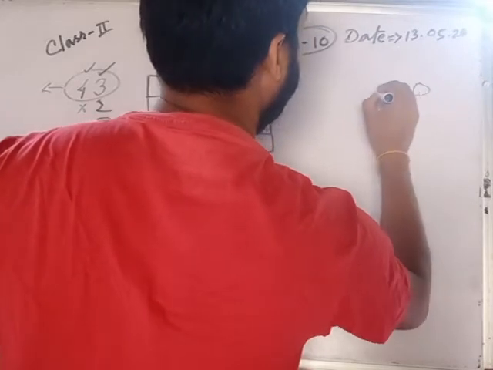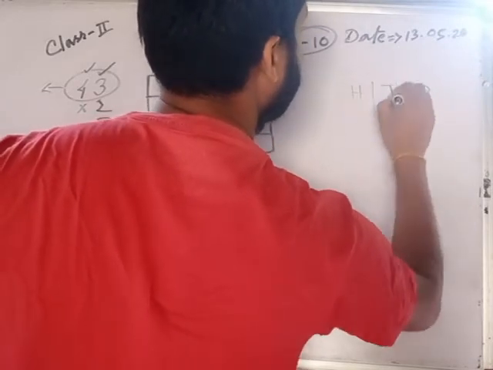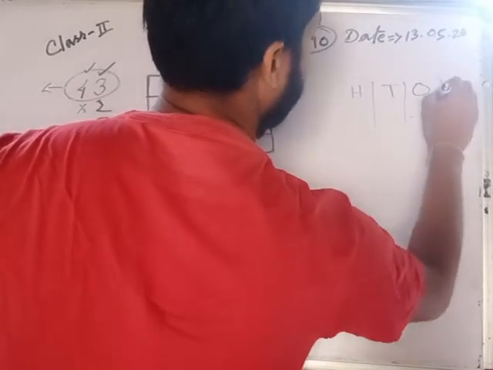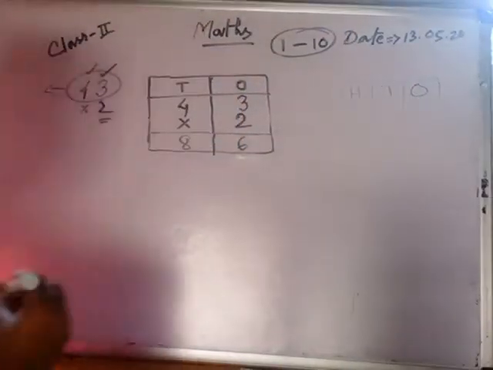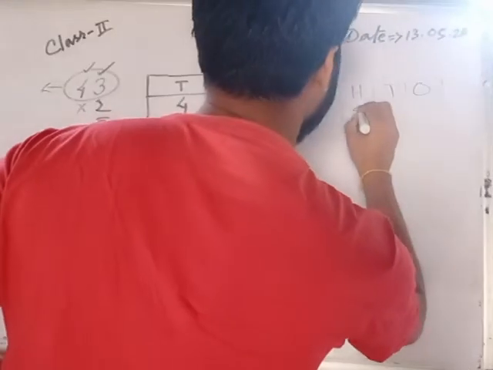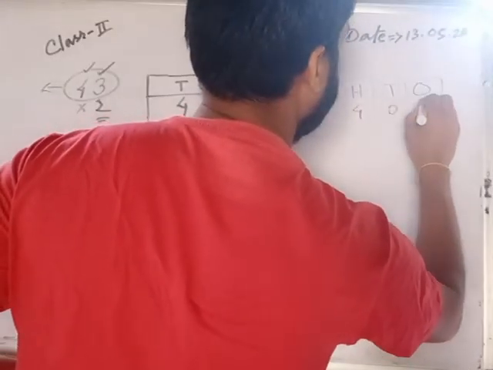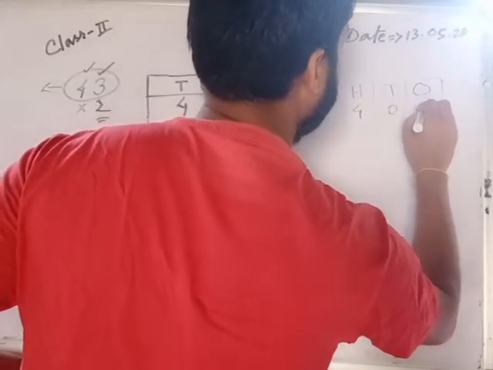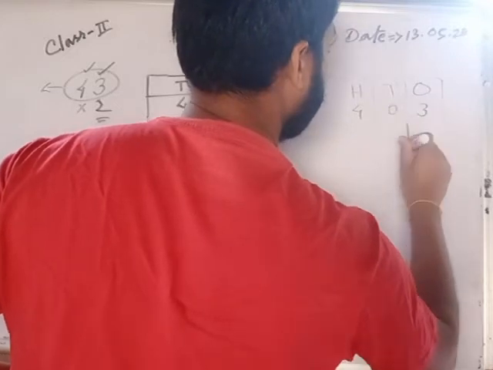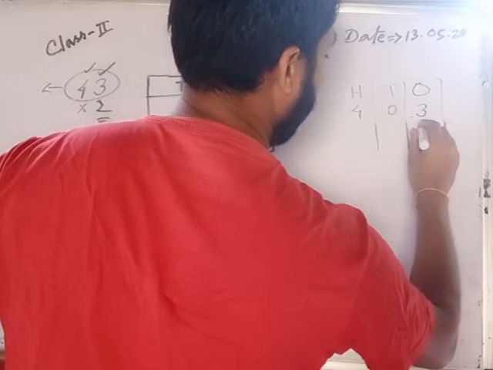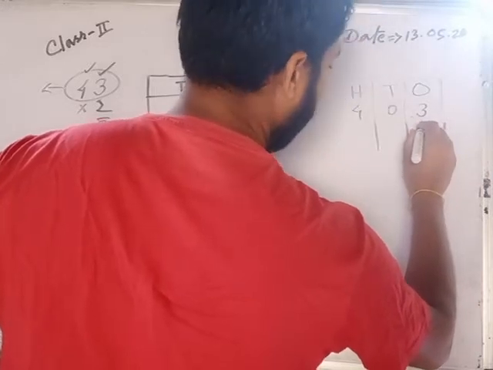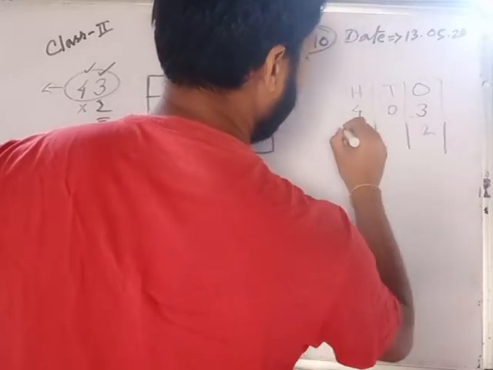1, 10, 100. Okay. Suppose it is 4, 0, 3. You should multiply with 2.